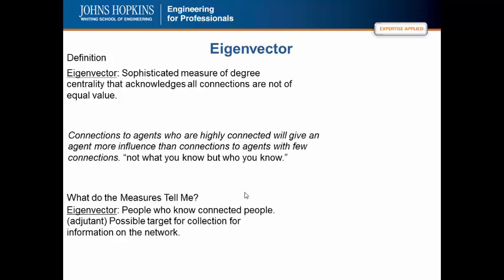So it's not who you know, but the resources of the people you do know. There's another interpretation. If you're to take a random walk through the network, you will come across nodes in proportion to their eigenvector centrality. There is one bias of eigenvector centrality. If there are two distinct clusters in the network, then eigenvector centrality will tend to only identify the central nodes in a single cluster and not identify central actors in a separate cluster.